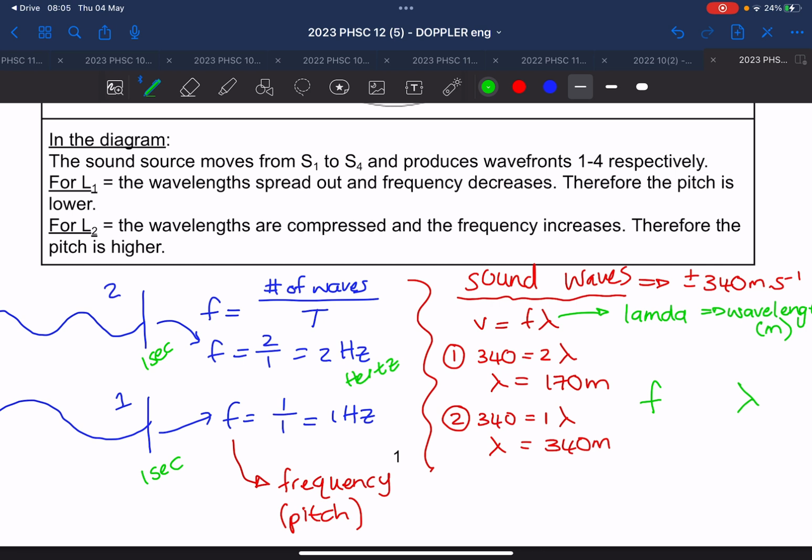We saw the one that has a bigger frequency has a smaller wavelength, and the one that has a smaller frequency has a bigger wavelength. They are inversely proportional to one another. Mooi, mama.